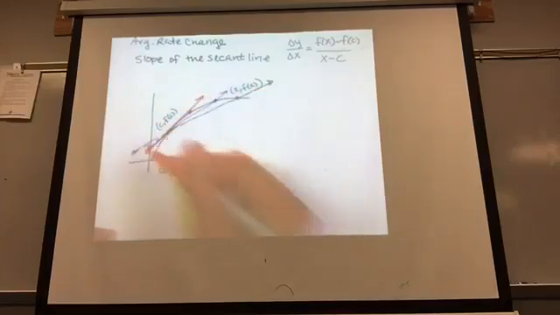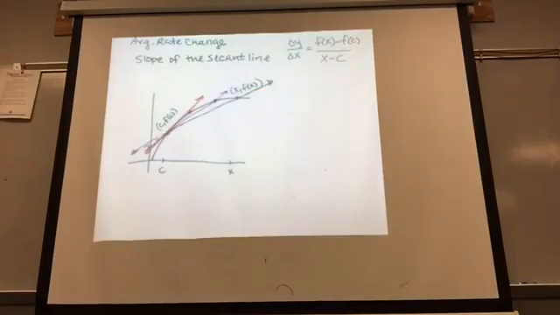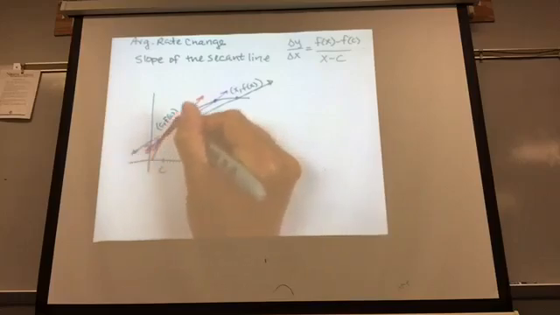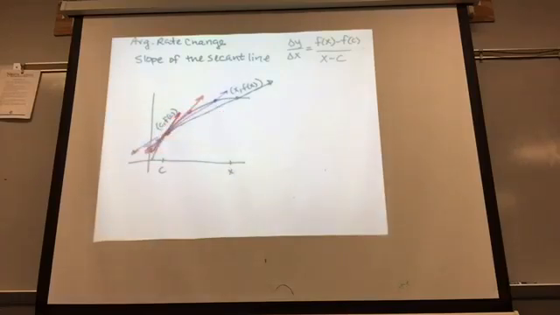Am I getting a better average of the slope at c? Yeah, because I'm getting closer and closer. And eventually that secant line becomes the tangent line.